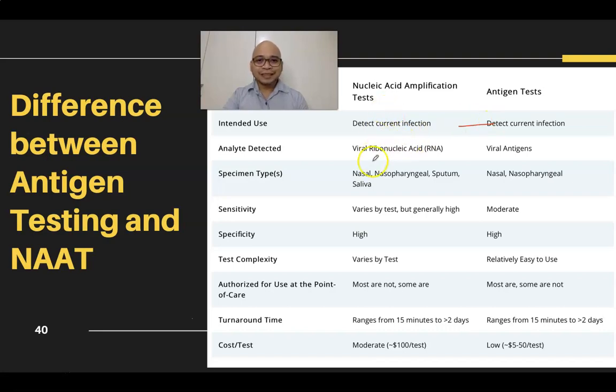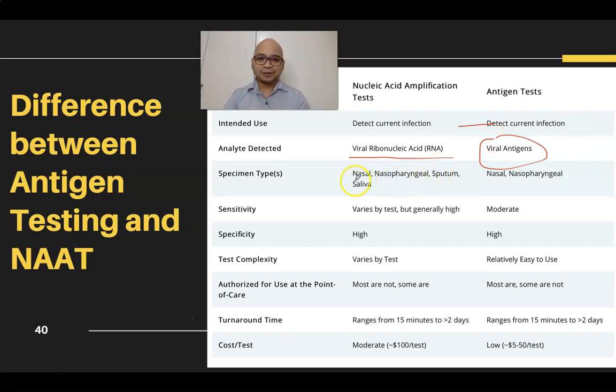But the nucleic acid amplification test would detect RNA, the genetic material of the virus, and of course, the genetic material of the virus is responsible for its infectivity. The antigen test detects viral proteins, the N and the S proteins.